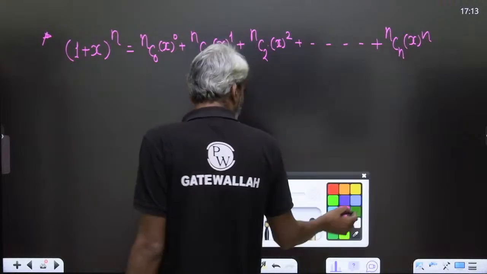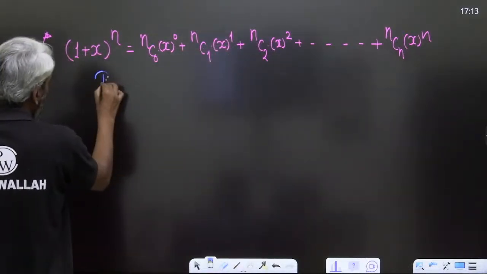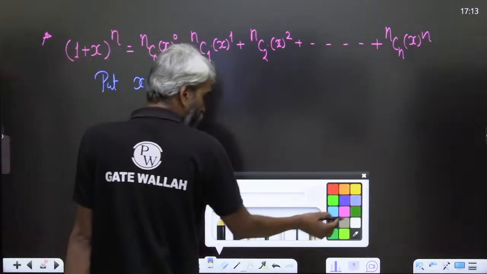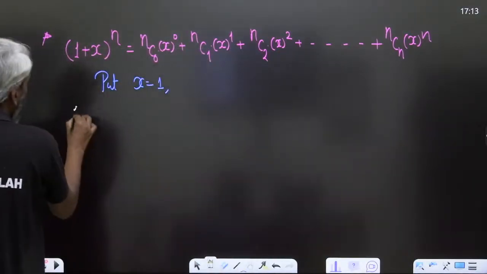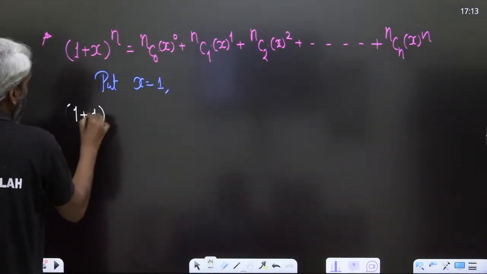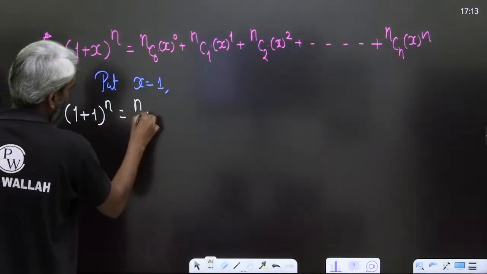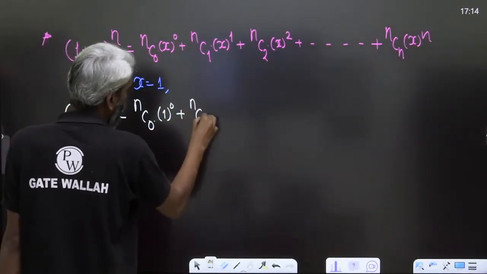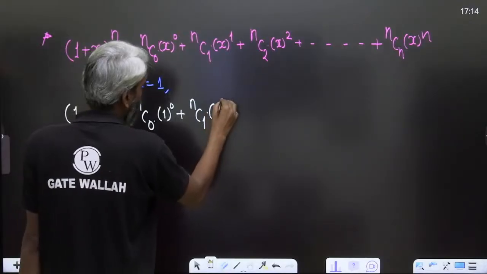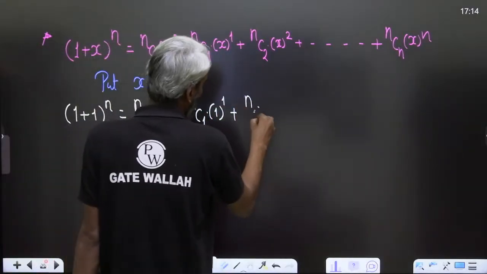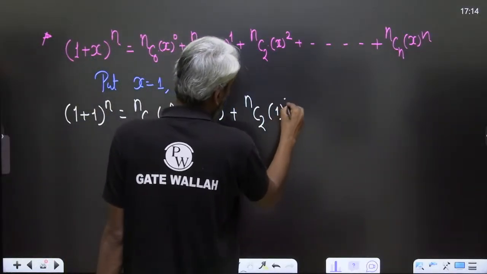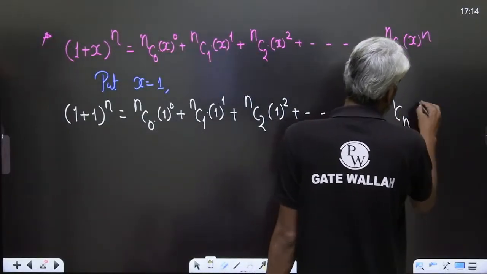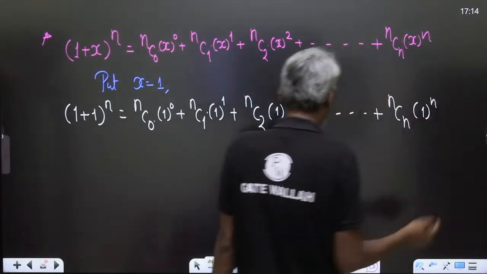In this binomial expansion, if I put x equals 1, then it becomes (1 plus 1) raised to the power n equals nC0 into 1 to the power 0, plus nC1 into 1 to the power 1, and so on, up to nCn into 1 to the power n.